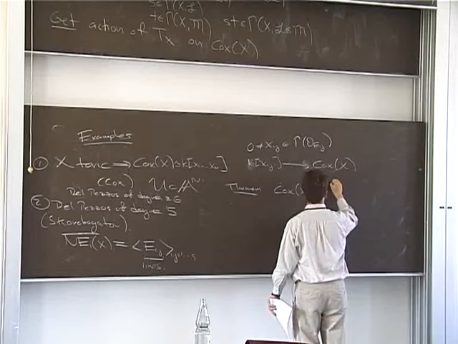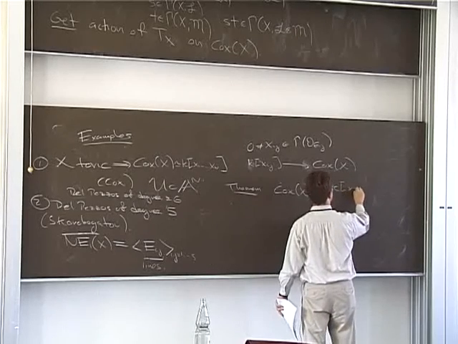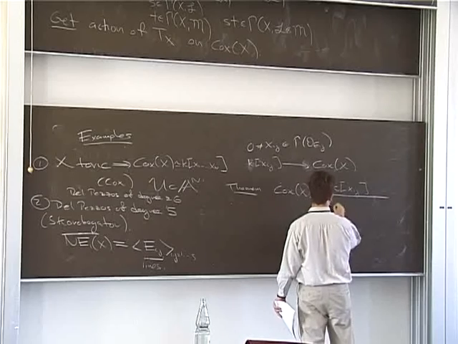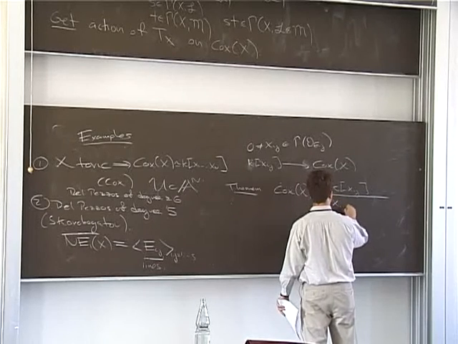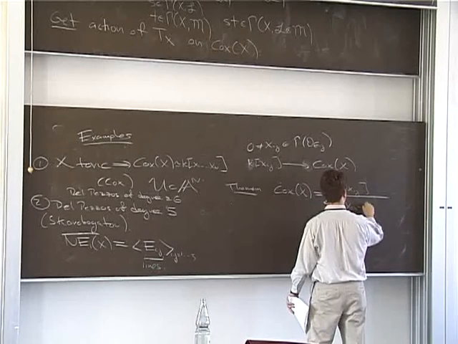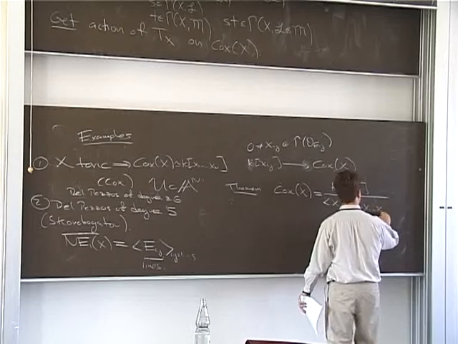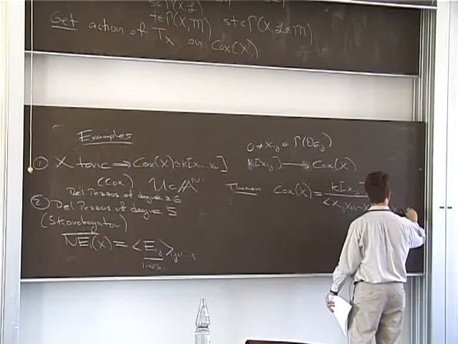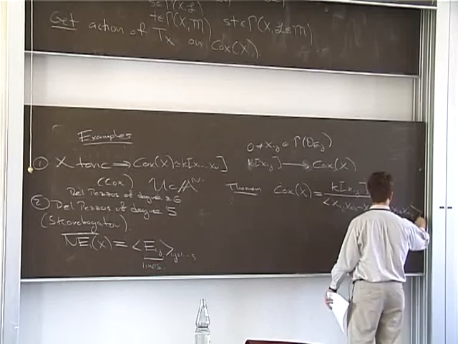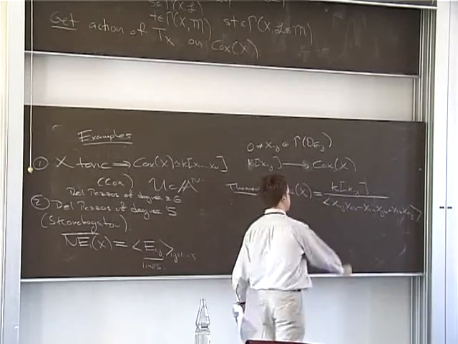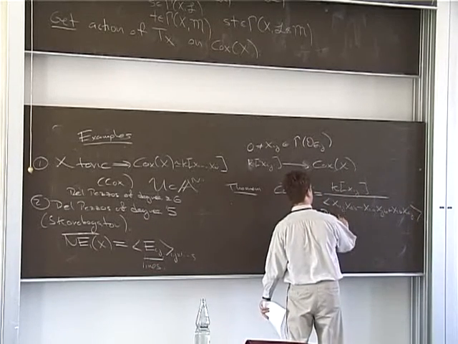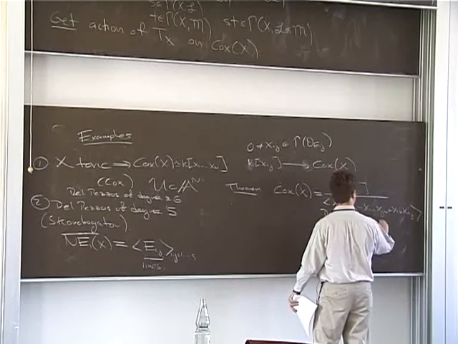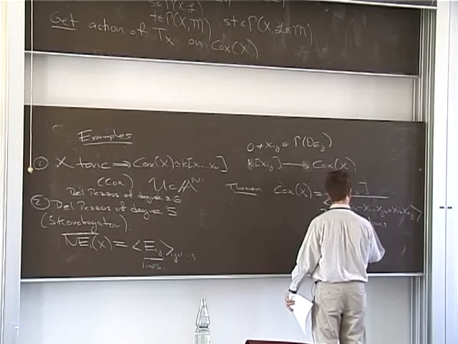So it's exactly the quotient subject to the relations, where these are the Plücker relations for the Grassmannian.